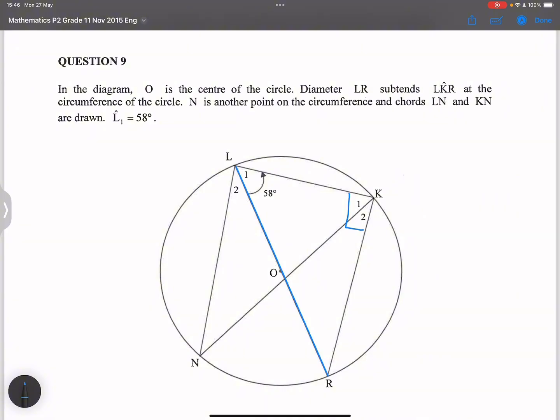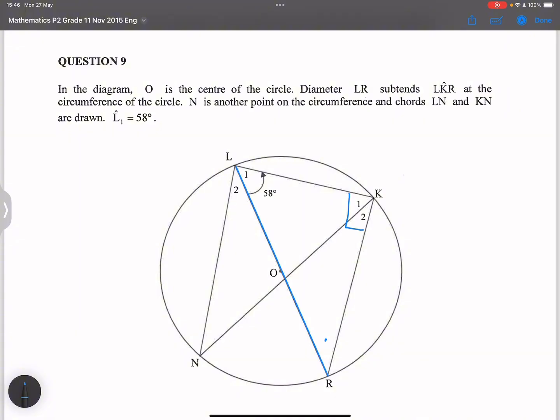Now that means that LKR must be a 90 degree triangle, and we can actually find this angle R here. Now, let's not get ahead of ourselves. They say N is another point on the circumference, and chords LN and KN are drawn, and L1 is 58. Now, what would this make angle LRK?